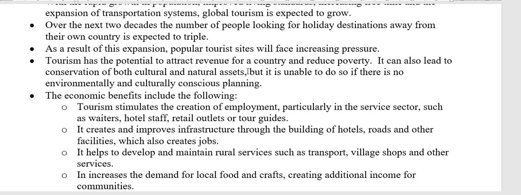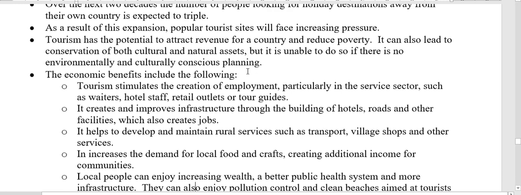We already spoke about the creation of employment. We know the tourist industry creates a huge amount of jobs, specifically in the service industry. We benefit from the infrastructure that the government invests in: the building of hotels, roads, sanitation, and water. People in rural areas will have access to infrastructure that was built to bring the tourists, but our local people get the benefit of that infrastructure as well.